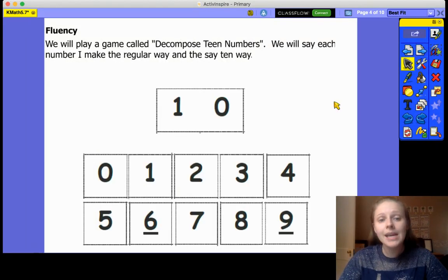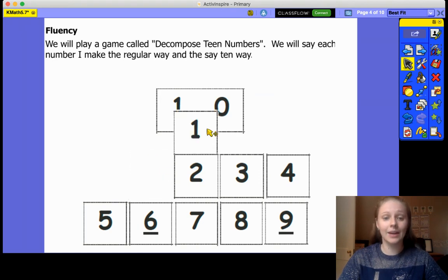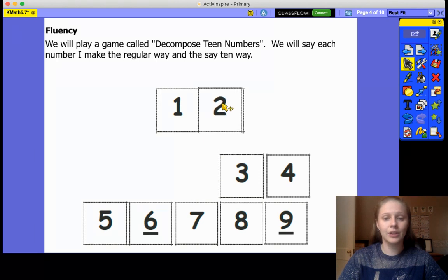All right, we're going to play a game called Decompose Teen Numbers. We will say each number I make the regular way and the say 10 way. So 10, 0. What number did we make? 10. 10, 1, 11. 10, 2, 12. What would this one be? 10, 3. Good.